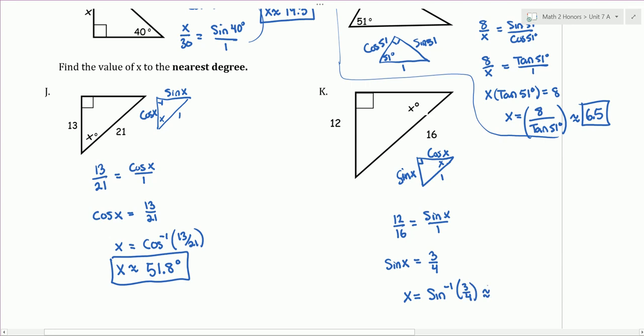And then use the calculator. Second sine, get the inverse sine, 3 over 4. We get 48.6 roughly.